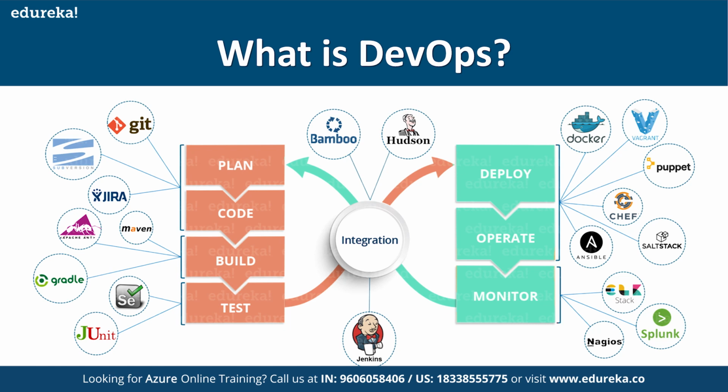We can see Jira, Maven, and Git repos in the integration part of it. And we have plan, code, build, test, then deploy, operate, monitor. The tools are Docker, Vagrant, Puppet, Chef. In integration, we have Bamboo and Hudson, also Jenkins in the middle of it.